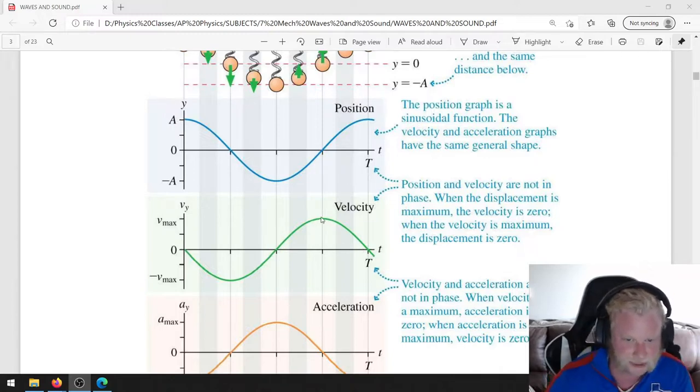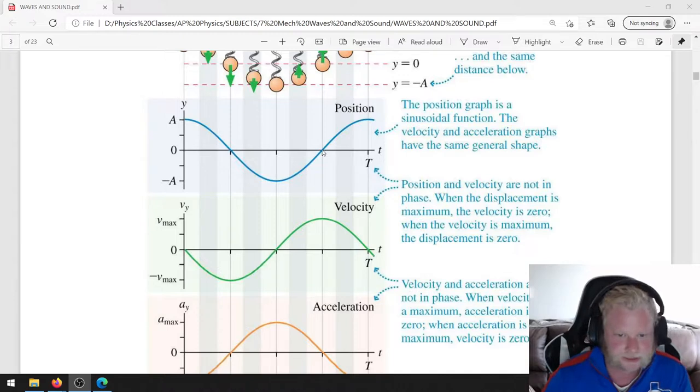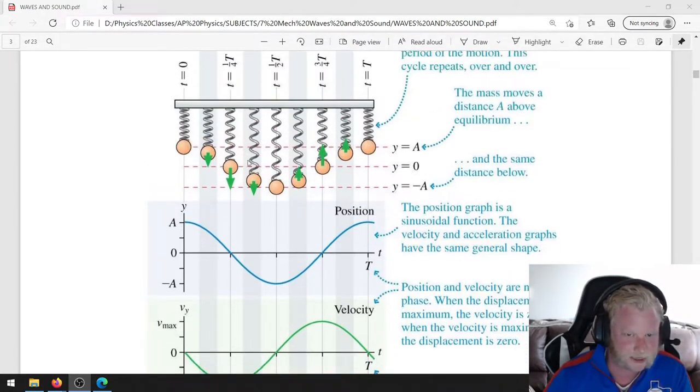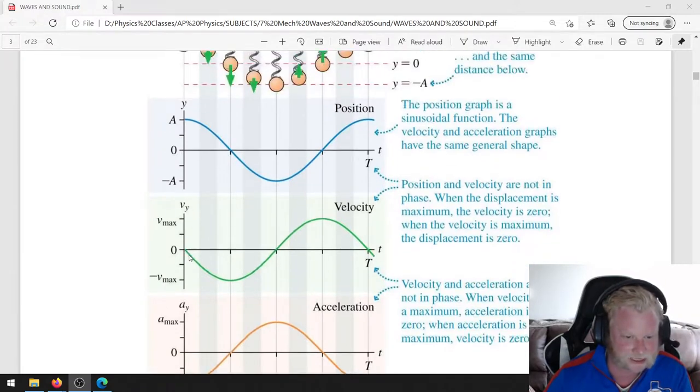Now, where is velocity greatest? Again, when it passes through equilibrium, when all of that energy has become kinetic energy. So at position 0, you have full velocity. And you've got to look at what direction it's moving. So in this case, if this is our positive direction and this is our negative direction, it's moving from positive in the negative direction towards negative A, which means that its velocity is in the negative direction, which is why you have this negative velocity peaking here.